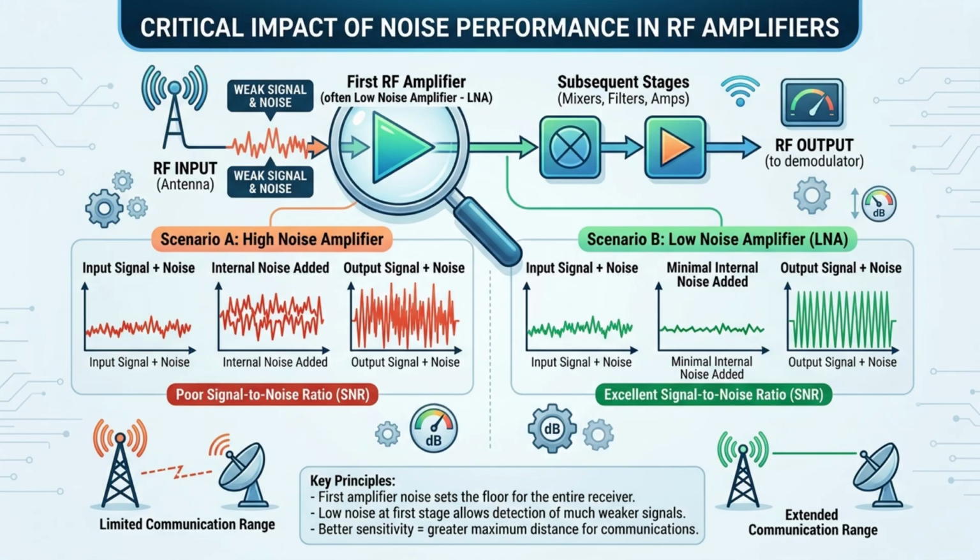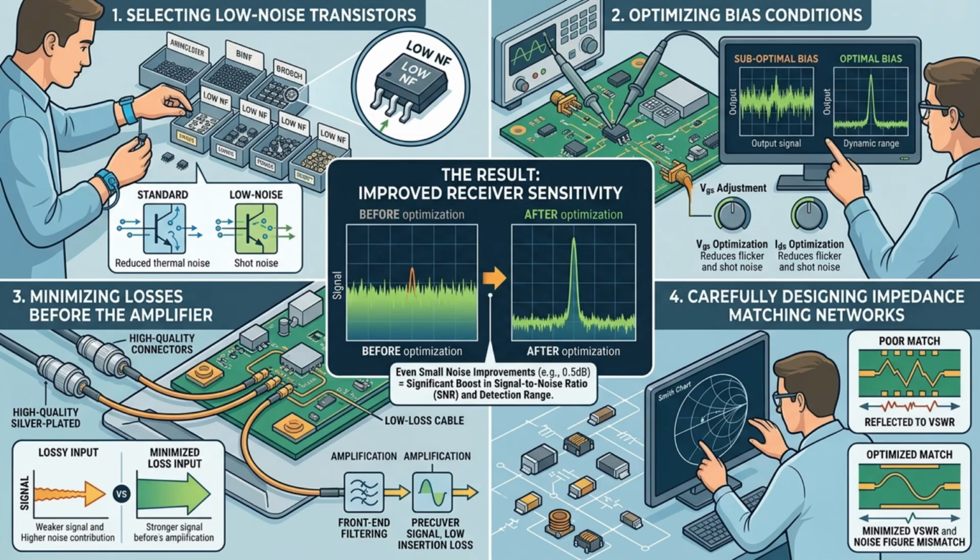Noise performance is one of the most critical specifications when selecting RF amplifiers. The first amplifier in a receiver often determines the minimum detectable signal and therefore the maximum communication range of the entire system. RF engineers reduce amplifier noise by selecting low-noise transistors, optimizing bias conditions, minimizing losses before the amplifier, and carefully designing impedance-matching networks.